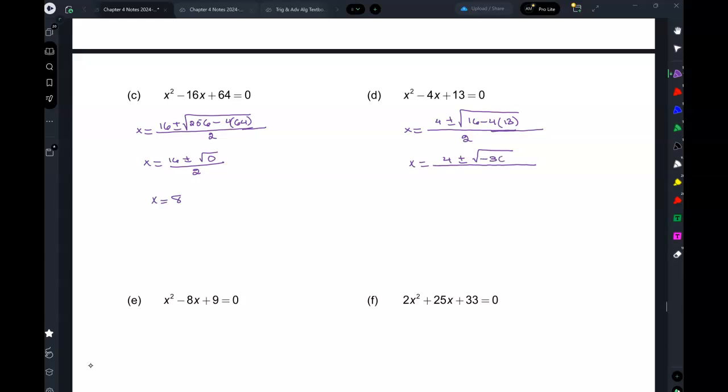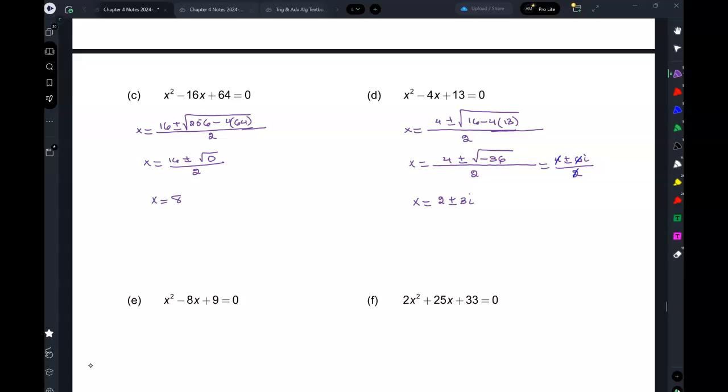Negative 36. Ooh, negative, all over 2. So this is 4 plus or minus what? 6i over 2. Okay, now again, all 3 of these are divisible by the same number. Divide by 2, divide by 2, divide by 2. So x equals 2 plus or minus 3i, right?